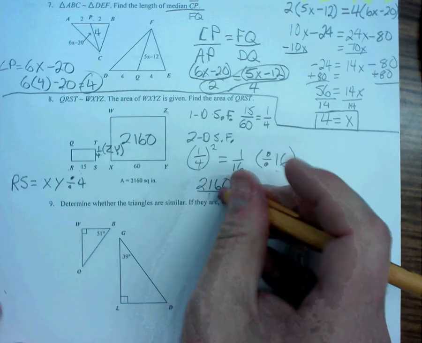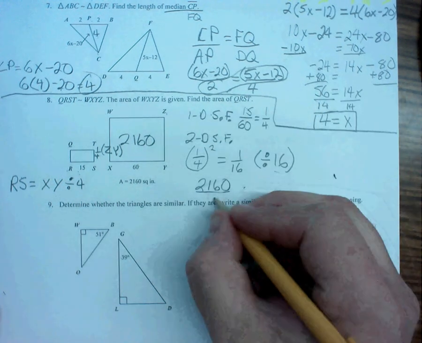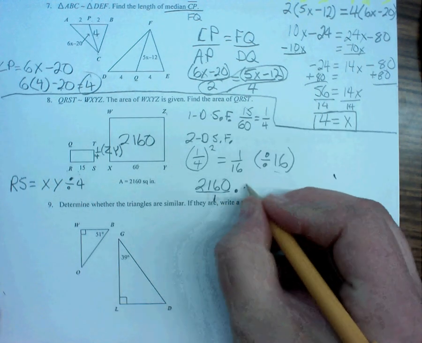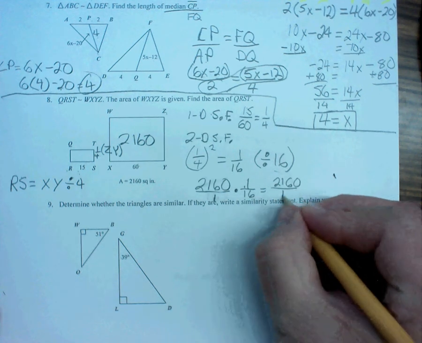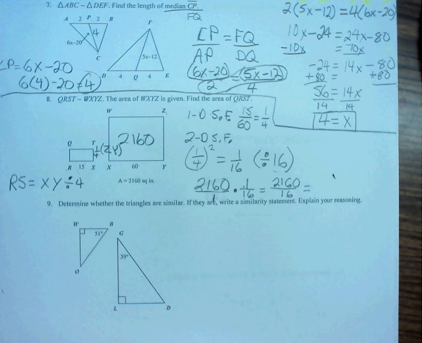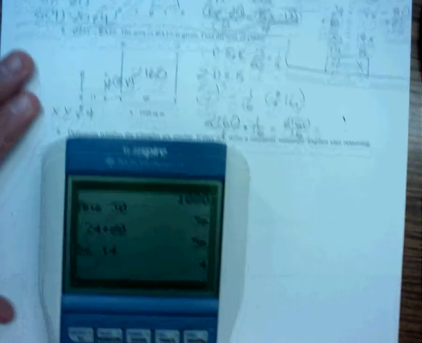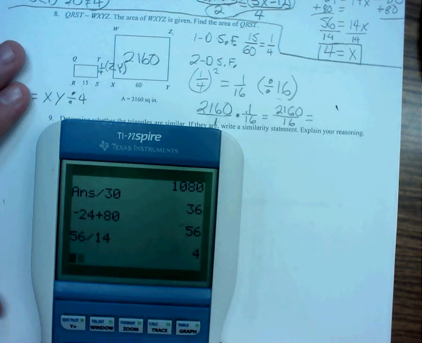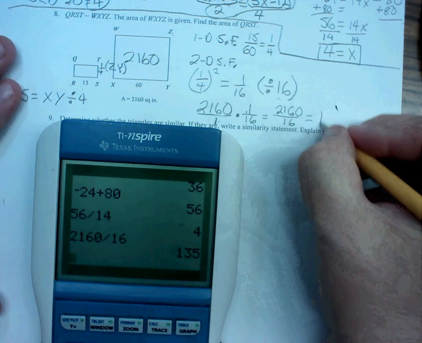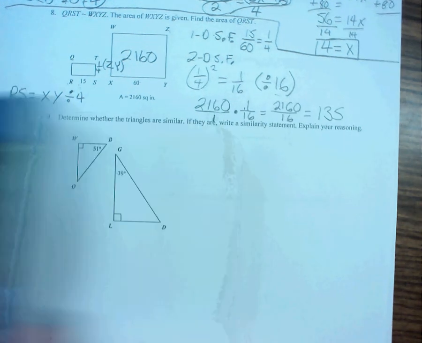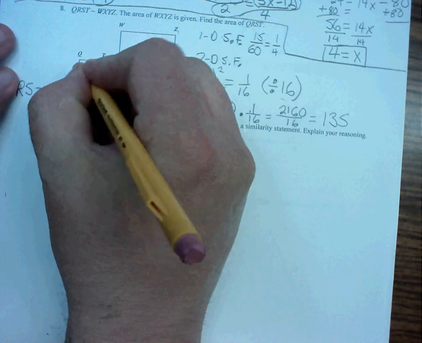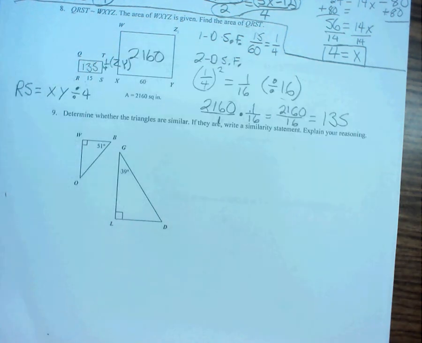Well, let me write it a different way. 2160 over 1 times 1/16, which is 2160 divided by 16, which if I plug in my calculator gives me 135. So what did I just do? I found that the area of this thing is 135 square inches. Does that make sense?